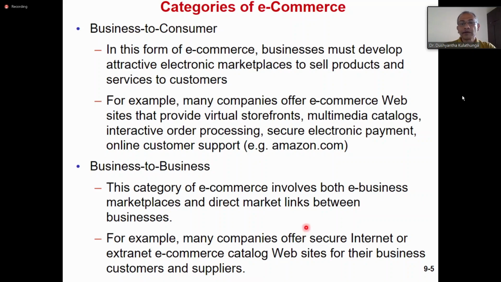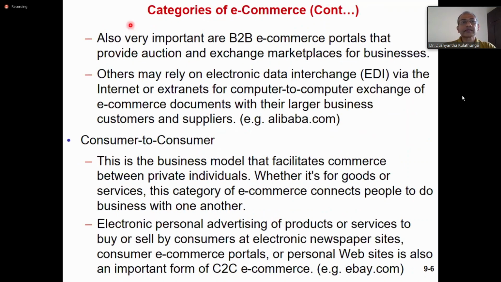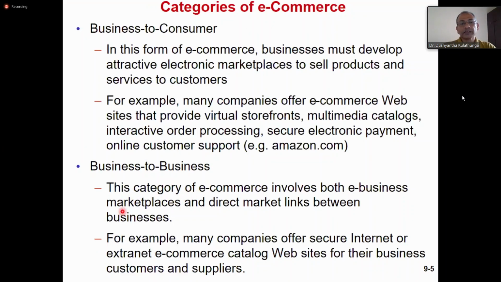Then, also very important are B2B e-commerce portals that provide auction and exchange marketplaces for business. This is the second one that we highlighted here, the e-business marketplace.